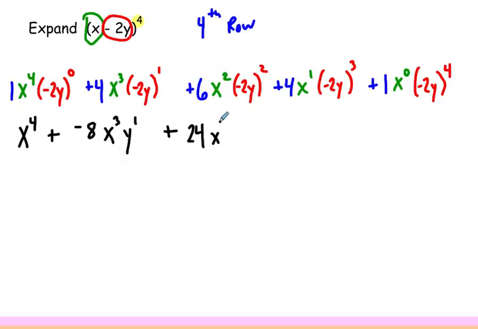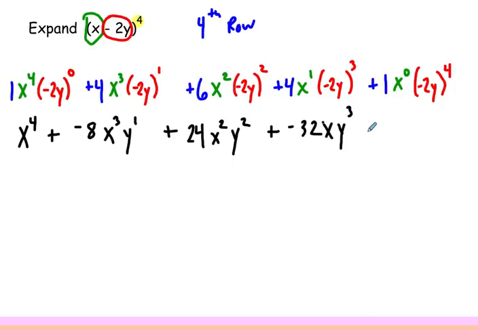We have an x squared, and then this would be a y squared. All right, the next one, negative 2 to the 3rd is a negative 8. Negative 8 times 4, we get a negative 32. We have an x to the 1st, which is just an x. And then we have a y to the 3rd.